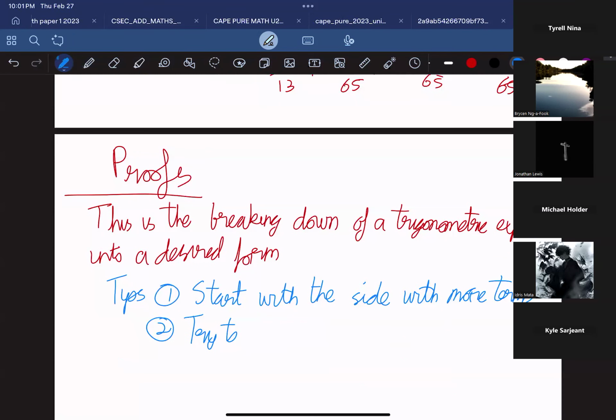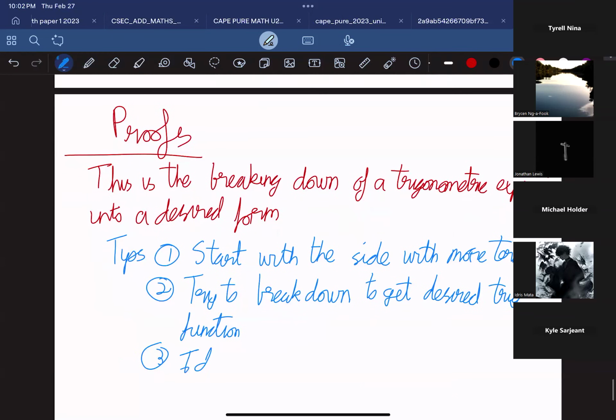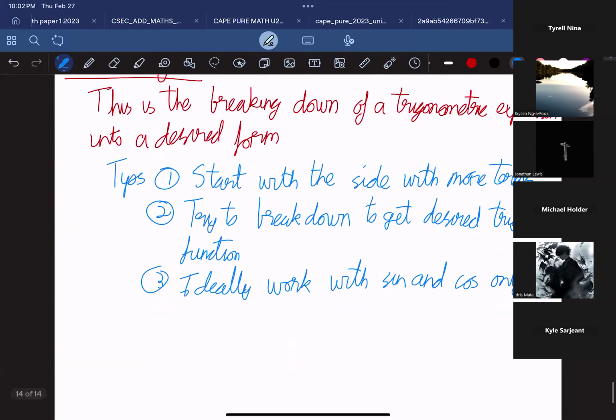Try to break it down to get the desired trig function. 3, ideally work with sine and cos only. Realistically, that's all that they would really want you to do.